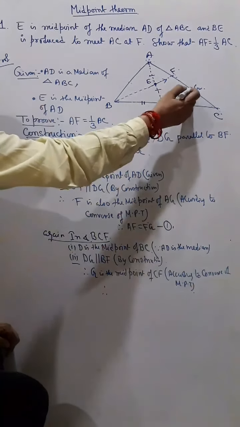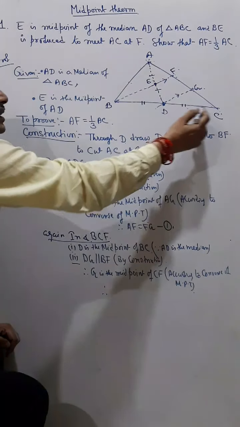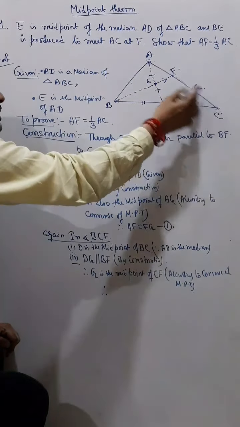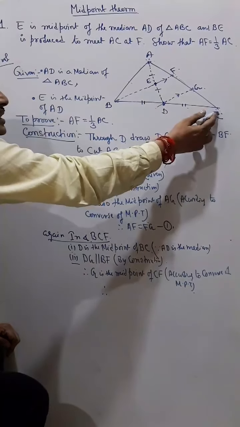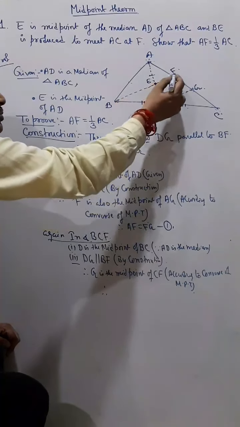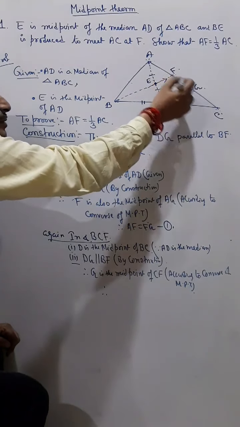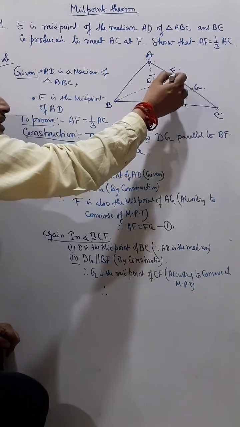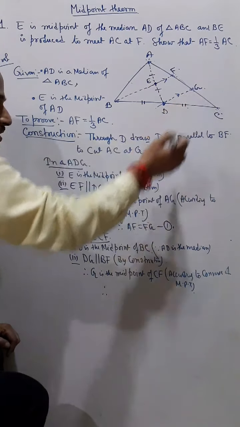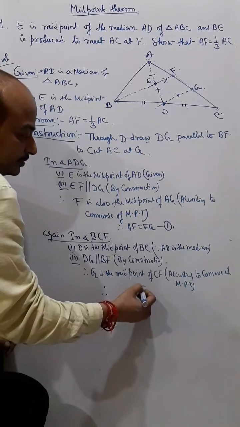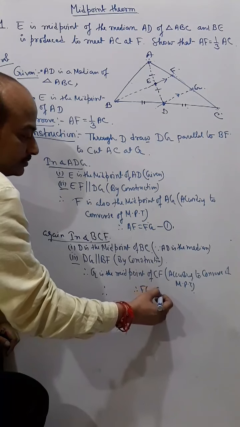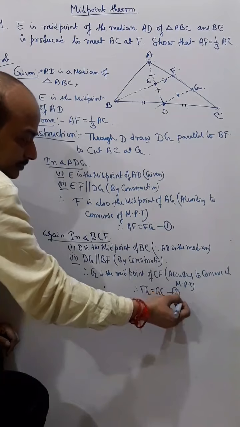So in this triangle, D is the midpoint of BC and DG is parallel to BF, therefore G is the midpoint of CF, and therefore FG is equal to GC.